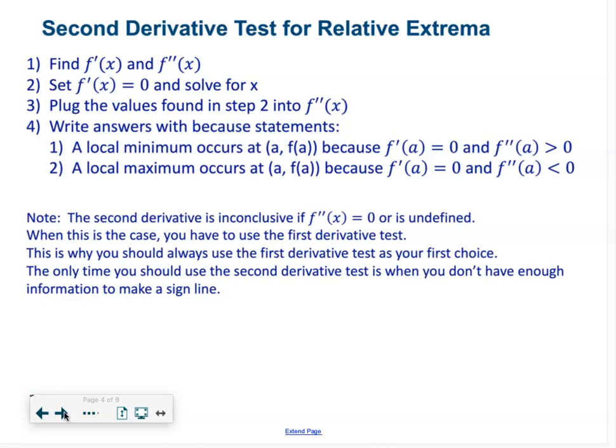If the answer is positive, you have a relative min. There are problems with the second derivative test.